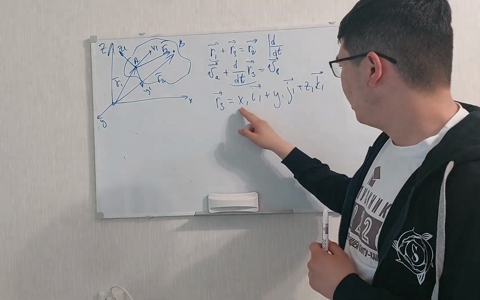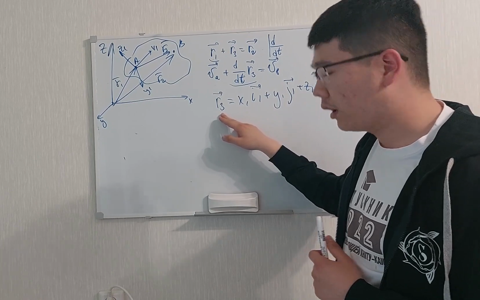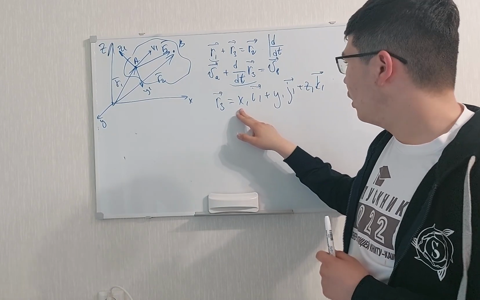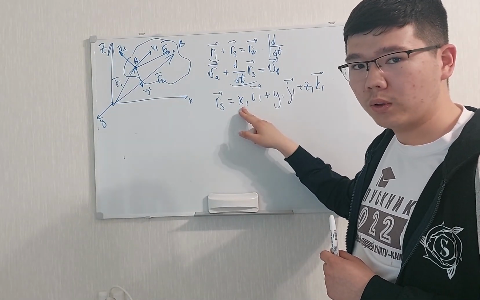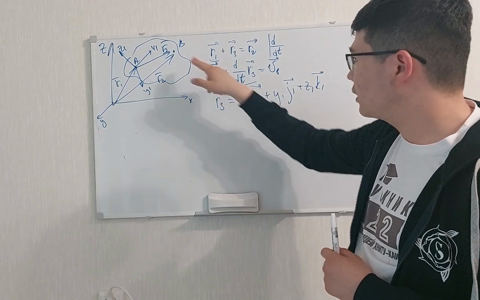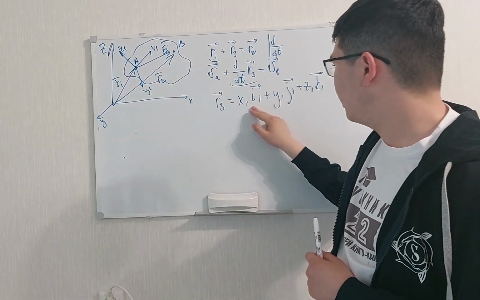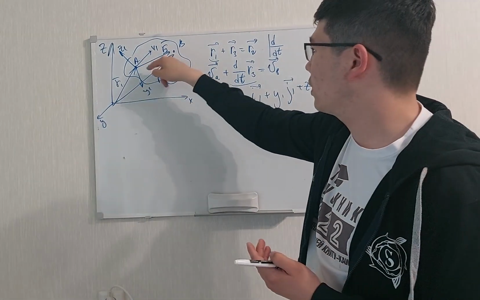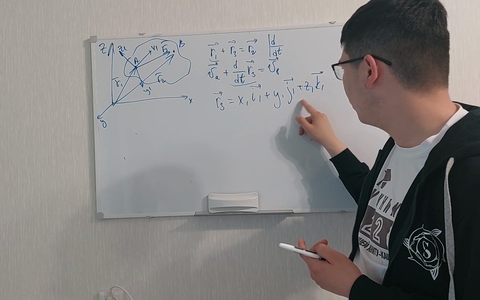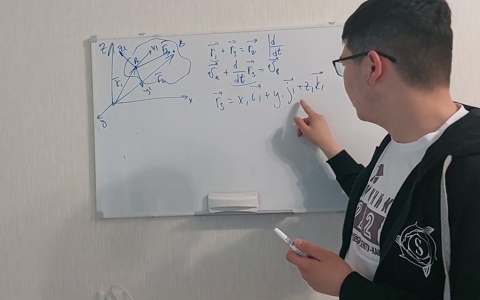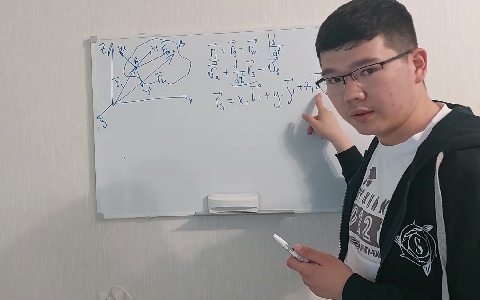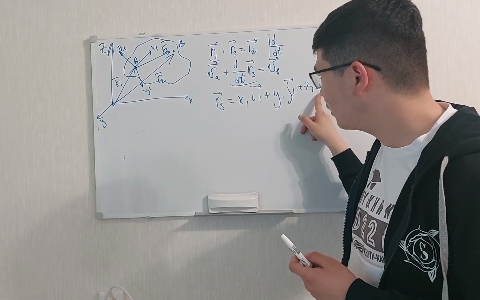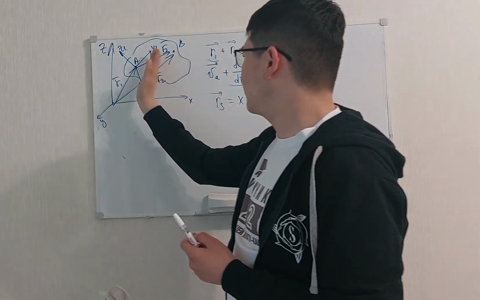Here we can see that the radius vector r3 is a vector function that can be obtained as the multiplication of the scalar functions that are the coordinates of our dot relative to A, and the vectors that are the basis vectors of our coordinate system, i1, j1 and k1. These three vectors that you see here can also be vector functions, and they can change when this body moves.